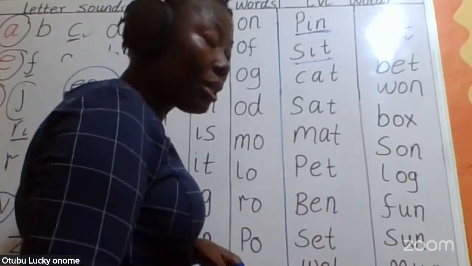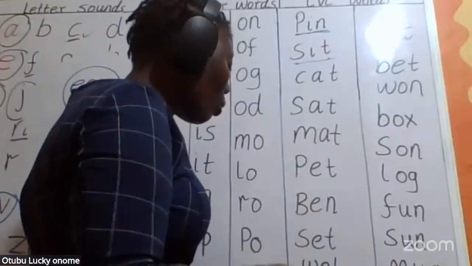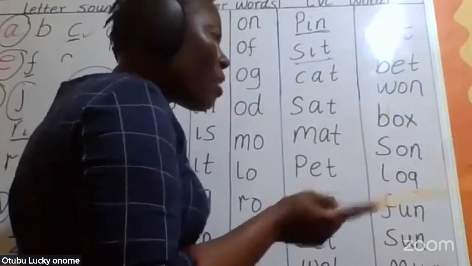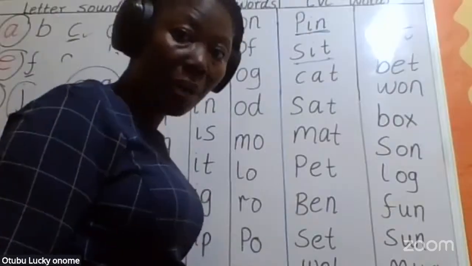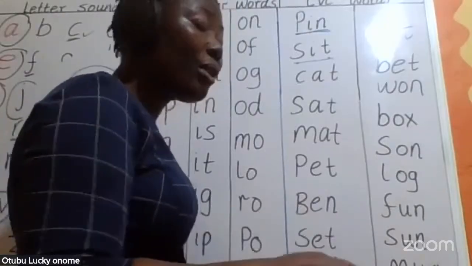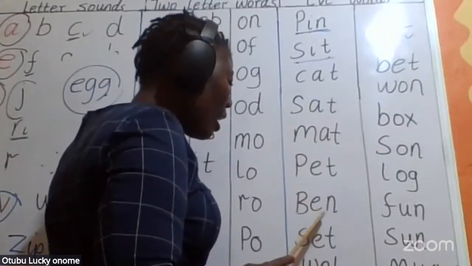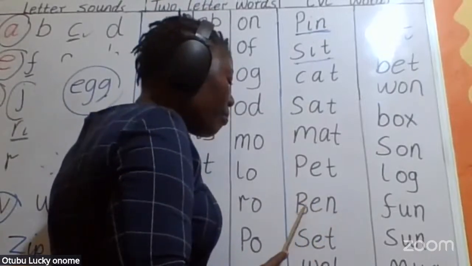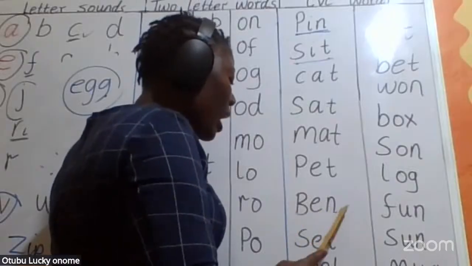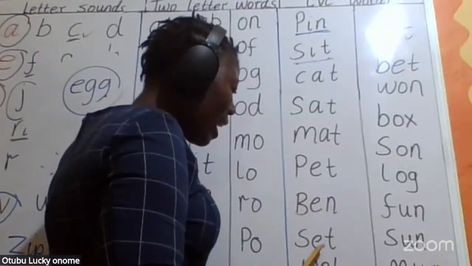Whenever you're writing somebody's name, you always write it with a capital letter. Any proper noun, you write with a capital letter, even in the middle of a sentence. So we have Ben.